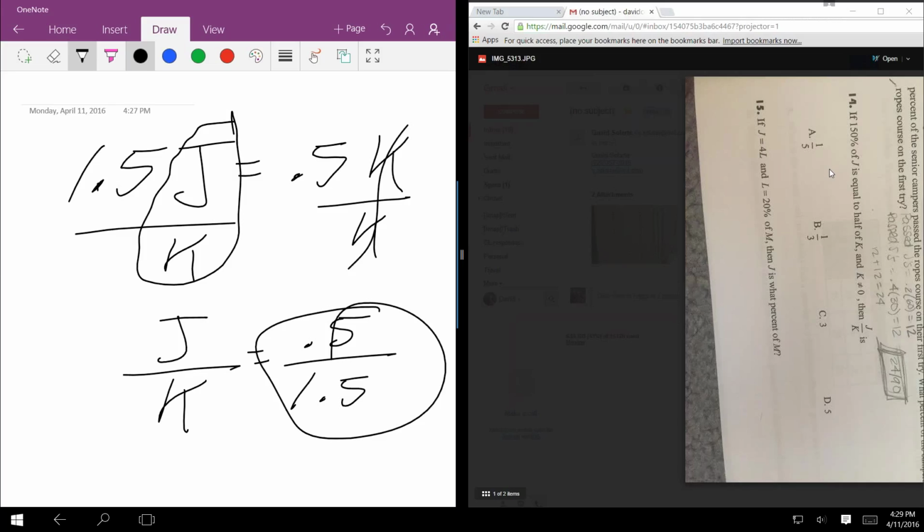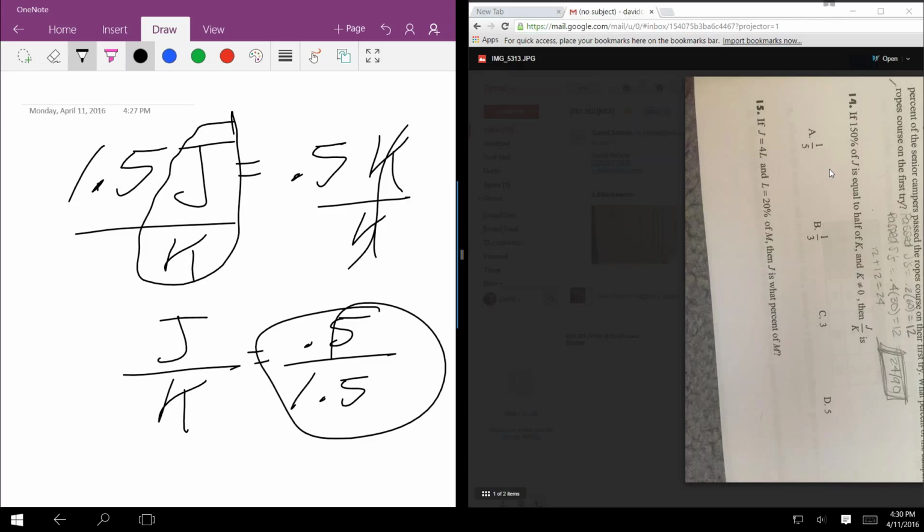What is it? You don't need a calculator. You got 1/2 divided by 3/2. What part of 1.5 is 0.5? Is it 1/3?